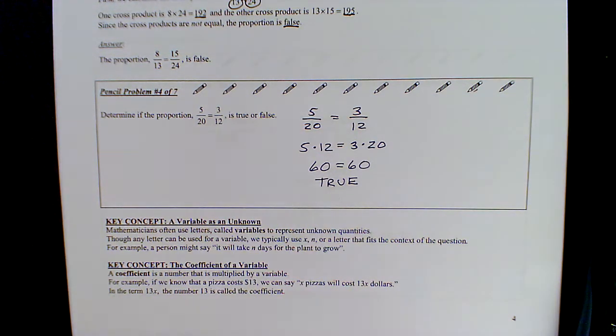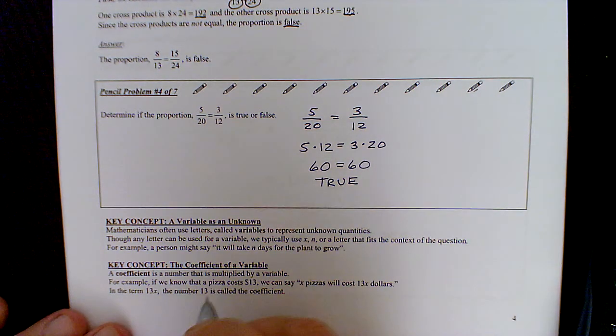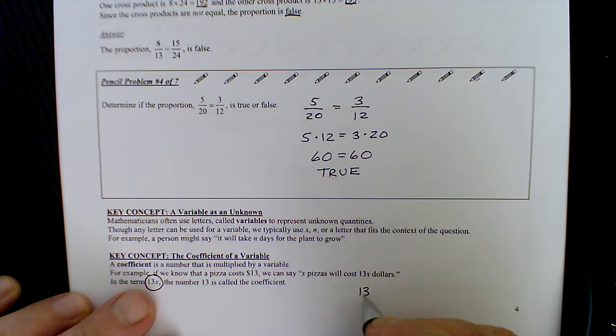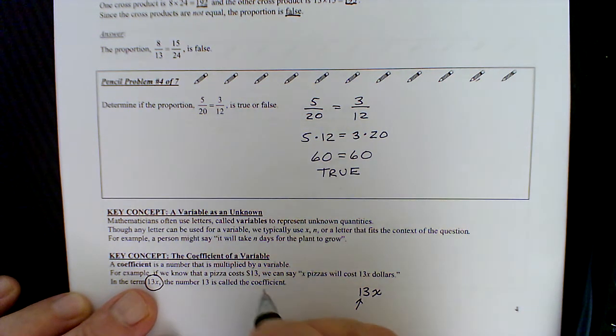One thing to point out before we go through a solution here is when we write something like 13x, the 13, the number that's before the x, it's implied that it's multiplication, so there's really 13 times x, and the number 13 is called the coefficient.